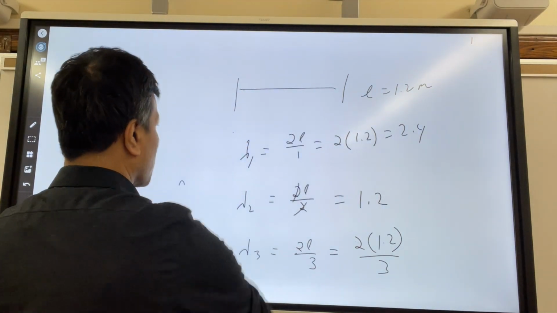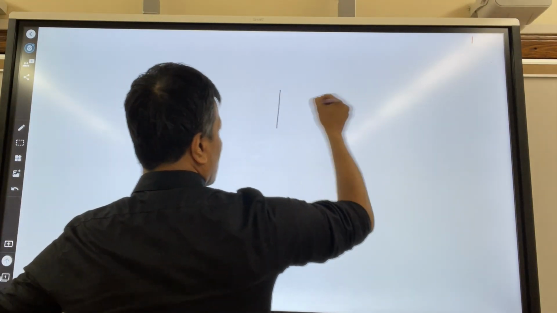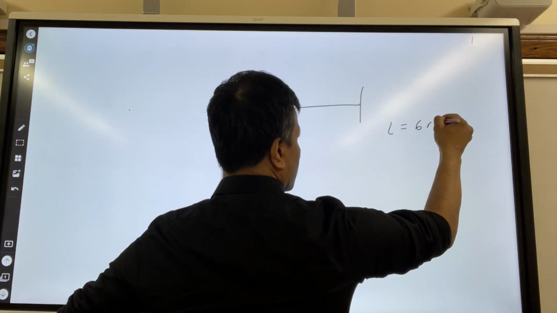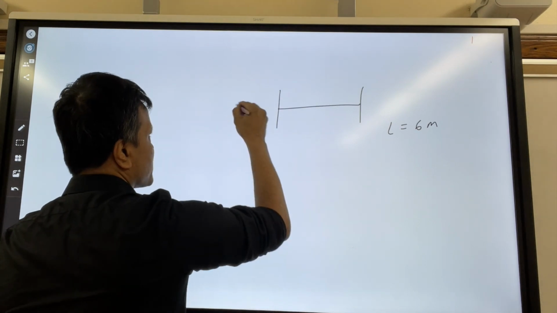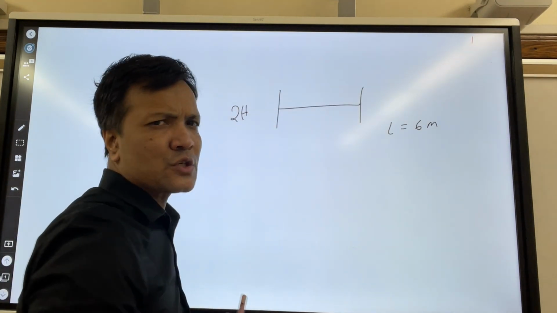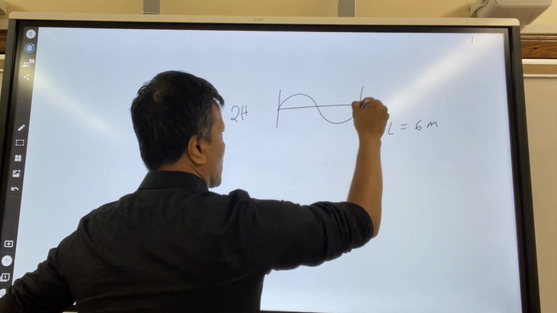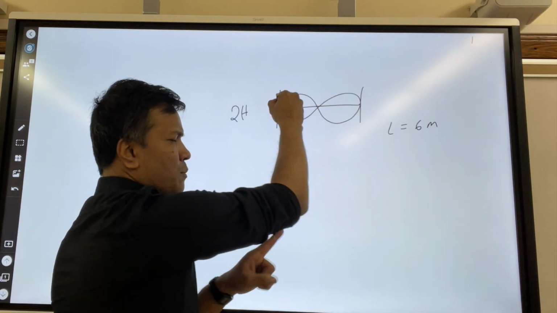Now we're going to do the last one. I have a string whose length is 6 meters. I'm going to do the second harmonic, so I'm going to create 2 loops. 2 loops means 1 cycle.